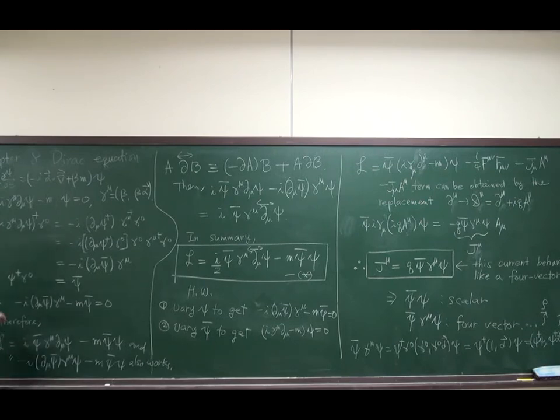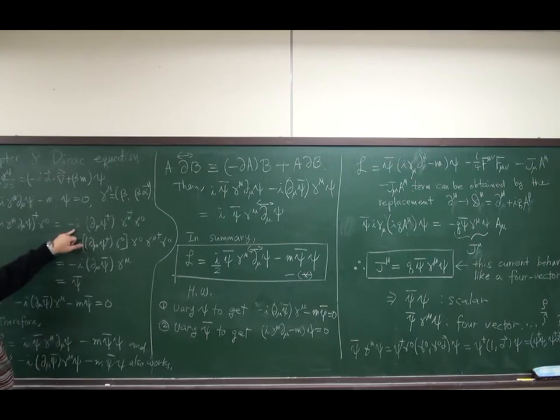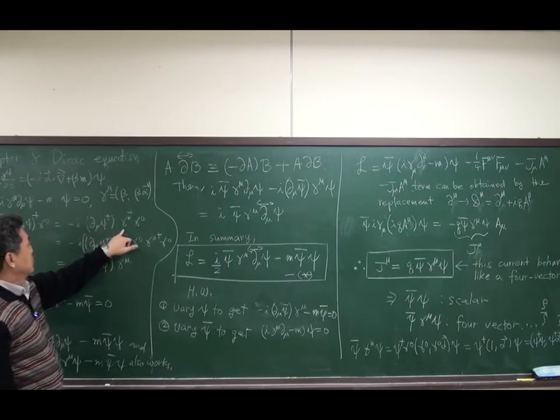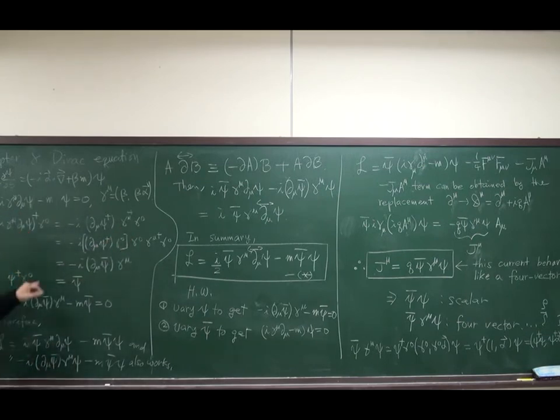Let's see what happens. If I take the Hermitian conjugate, the derivative of psi becomes the derivative of psi dagger, and i becomes minus i, and the gamma matrix appears on the right side, and I have multiplied gamma 0 to the right side, so its order does not change.